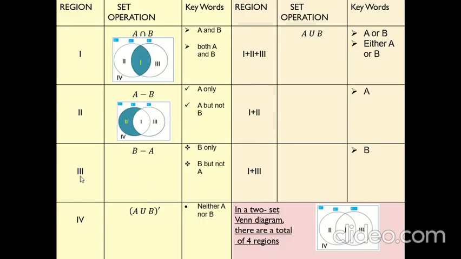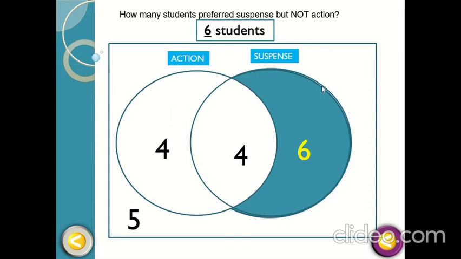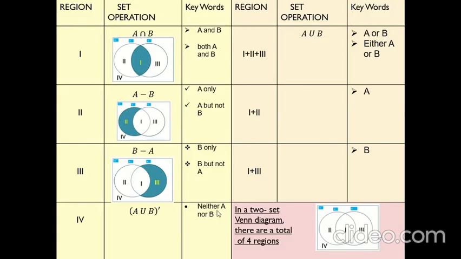Now get your answer in region 3 for the keywords B only, B but not A. Example, suspense only or suspense but not action. Now, where to get your answer if the keyword is neither A nor B?